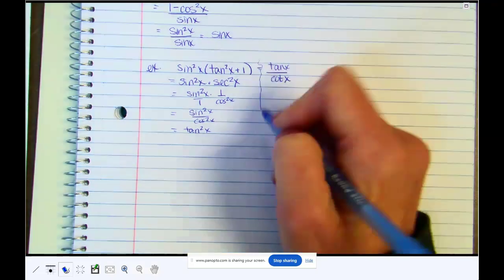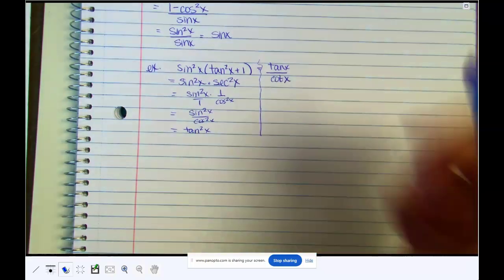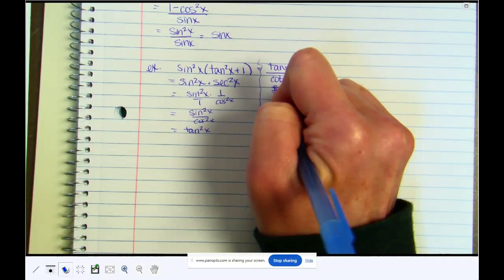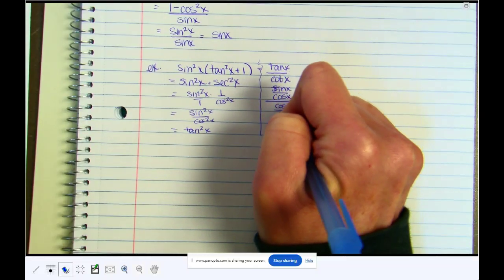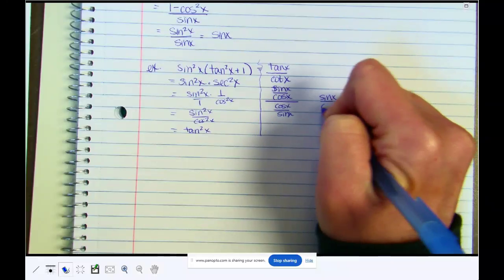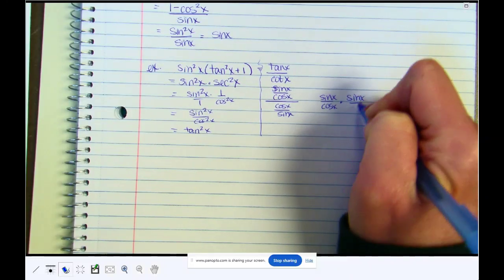This is how you do it if you work with one side and then the other side. This guy, I would turn into sines and cosines. There's more than one way to do this problem too. So sine over cosine divided by cosine over sine, and I'm going to keep, switch, flip. So sine x over cosine x times flip.